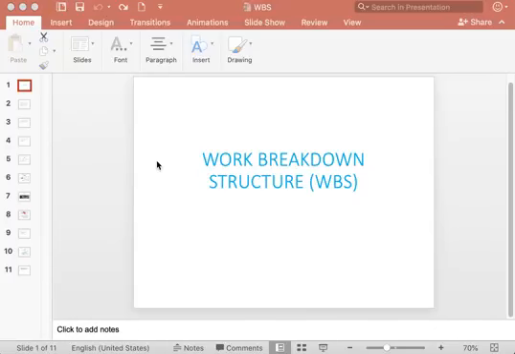So basically, this work breakdown structure is a tool or method used to break down the whole project into smaller and more detailed parts by breaking the works into different levels of hierarchy.